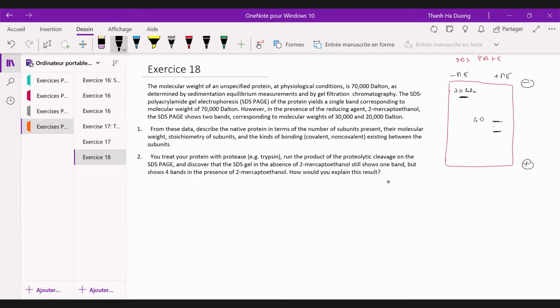One is 40, the other is 30 kilodalton. Okay? From this data, describe the native protein in terms of number of subunits, the molecular mass of each subunit, the stoichiometry of the subunits, and which kind of interaction exists between the two subunits.